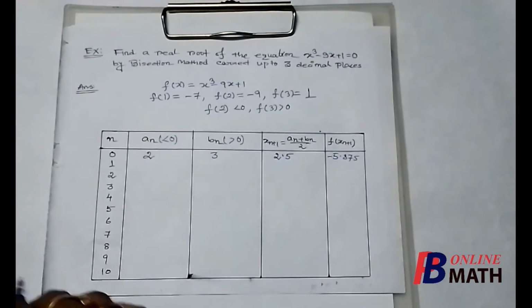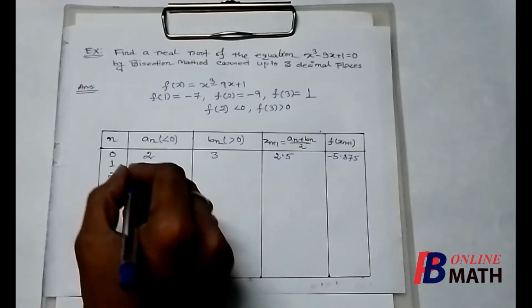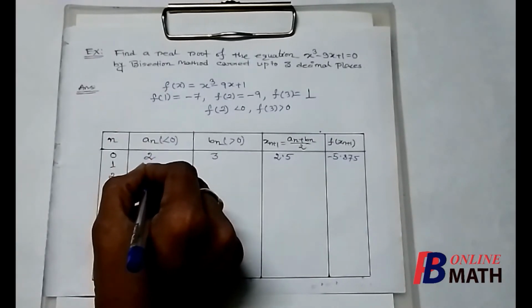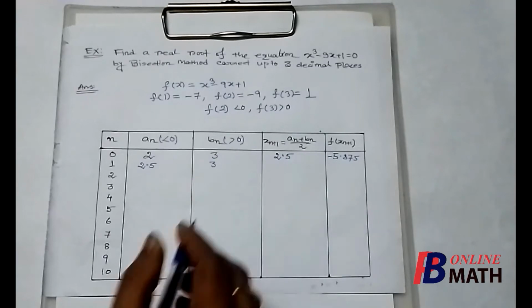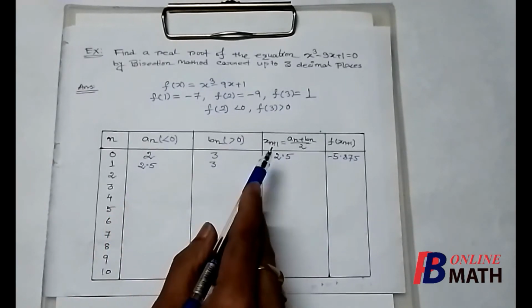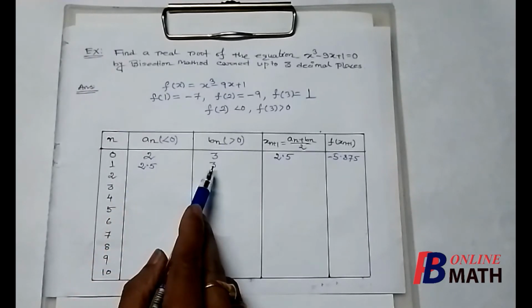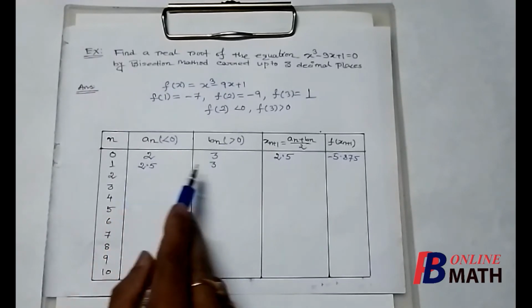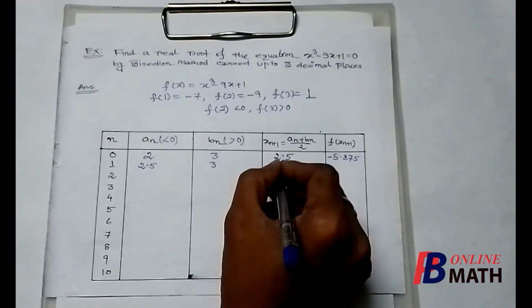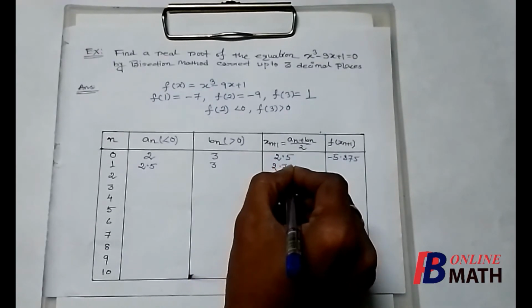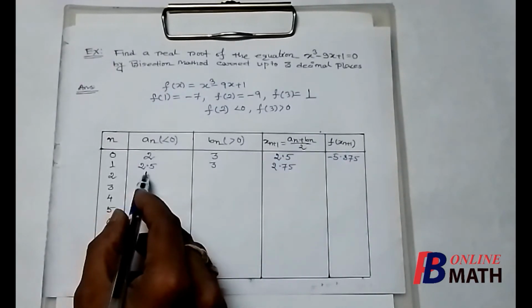So in the next step we shall use the interval which is between 2.5 and 3. Next we shall find x(n+1), which is the average value of an and bn, that is the average value of 2.5 and 3. Now we can easily find that this is 2.75, which is (3 plus 2.5) by 2.